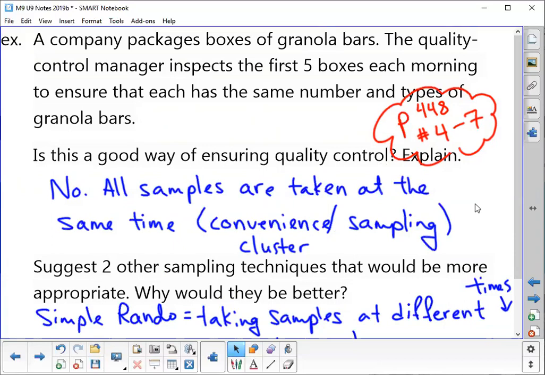It's just the first 5 boxes right in the morning. But this is a type of convenience sampling method. It's also a cluster sampling method. So either one of them, but it's not very applicable or valid in this situation.